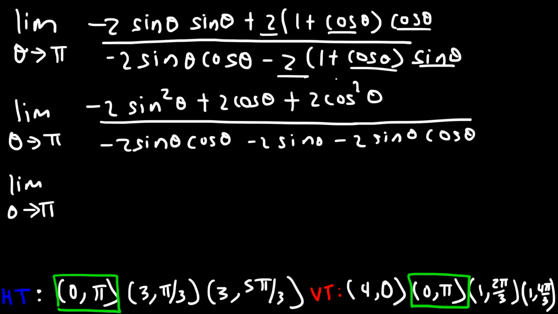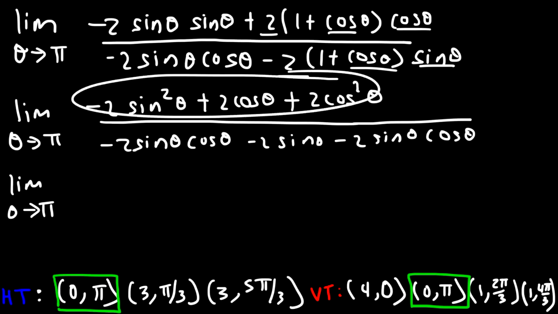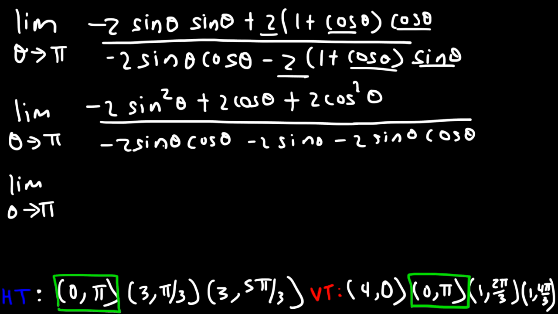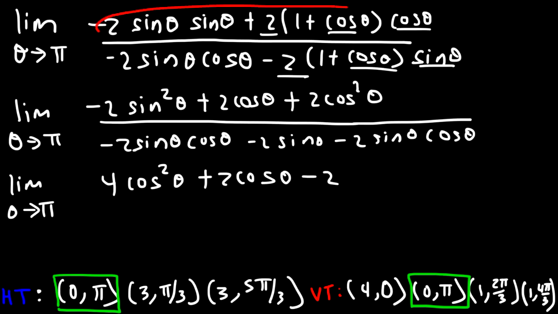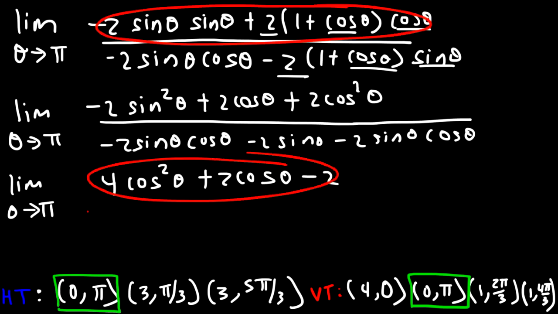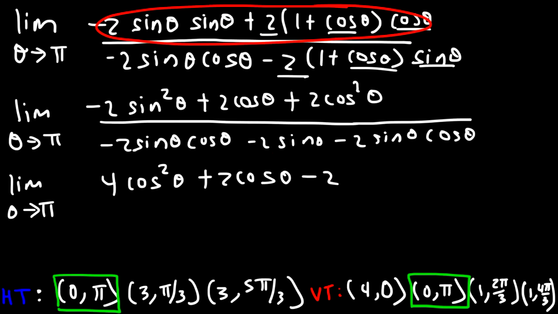So I'm going to skip this step and go to the part where we had this equation, where it was 4 cosine squared theta plus 2 cosine theta minus 2. You can go back in the video and see how I converted this expression into this expression if you want to retrace the steps. Now, I'm going to use the double angle formula.